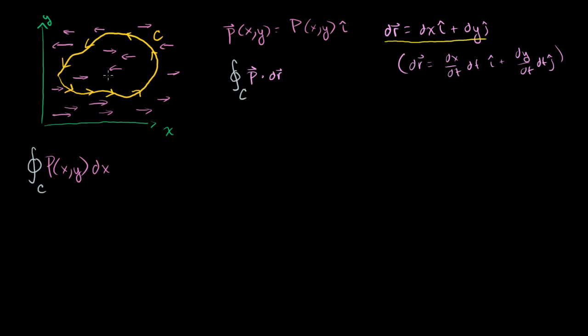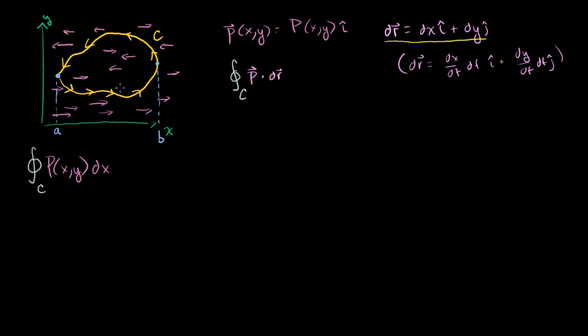Now I said that if we play our cards right, we're not going to have to deal with the third variable t, that we might be able to solve this integral only in terms of x. So let's see if we can do that. Let's look at our minimum and maximum x points. That looks like our minimum x point. Let's call that A. And let's call that our maximum x point B. And what we can do is break up this curve into two functions of x. y as functions of x.